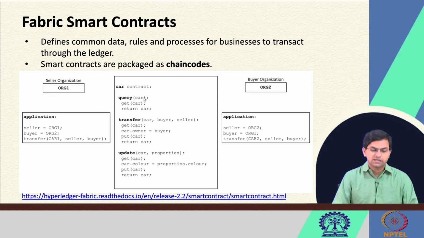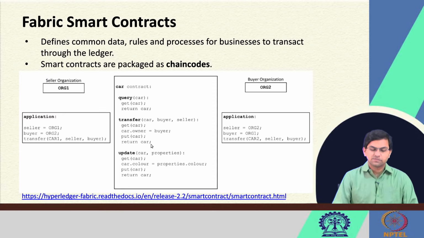Here, query car will simply get a car and return its details. Transfer takes a car and changes its owner to a different owner. So, transfer is actually when suppose a buyer is buying a car from the seller, then this function will change the owner from the seller to the buyer and update the new car details on the ledger.